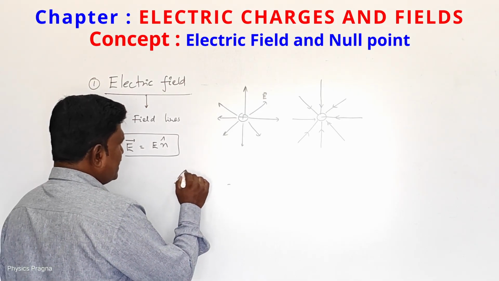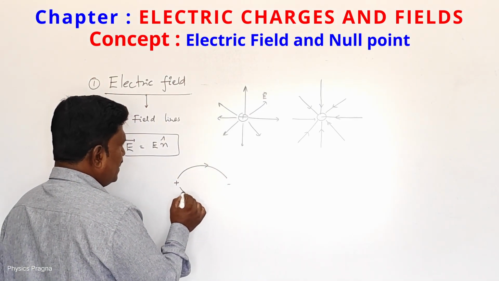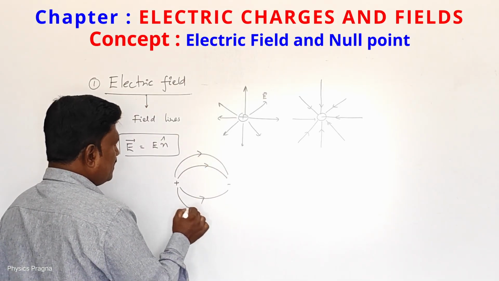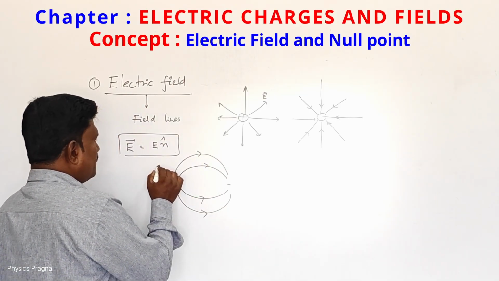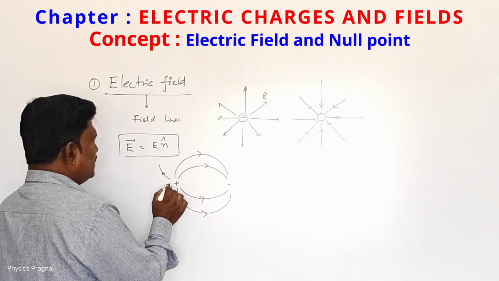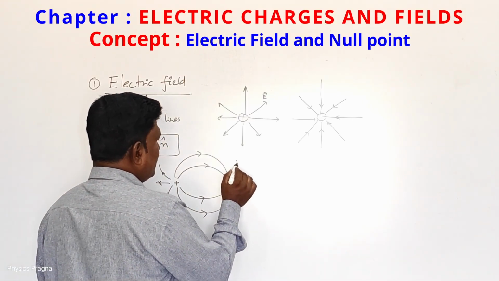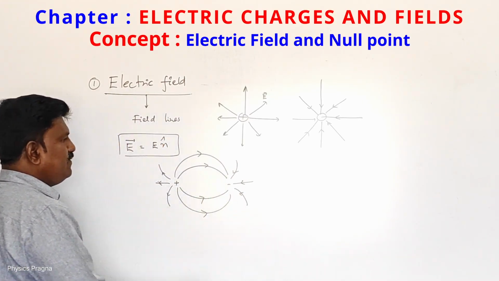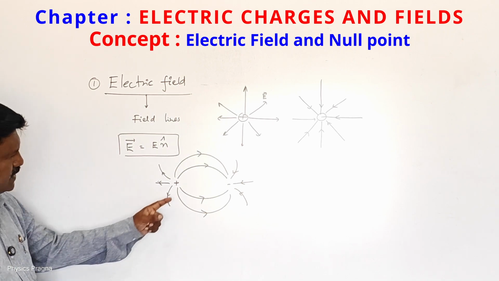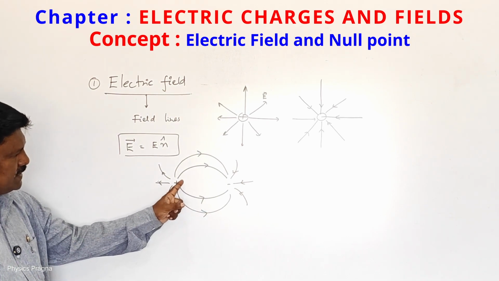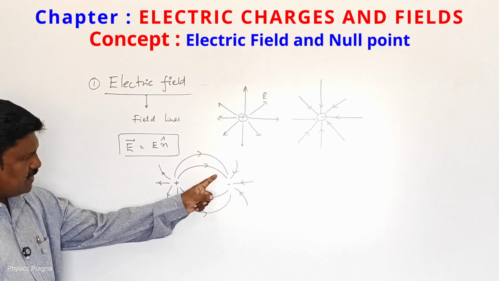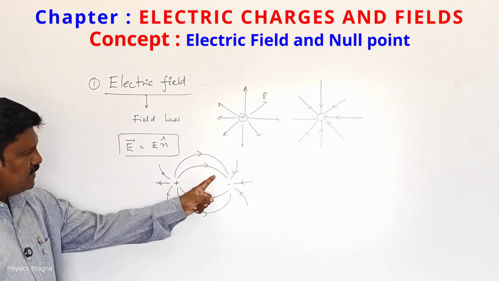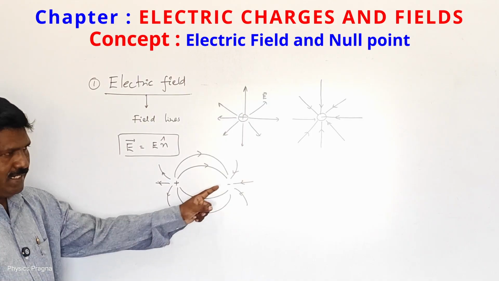Because electric field lines will go from positive to negative like this. So electric field lines are not closed loops. They start at positive and end at negative.